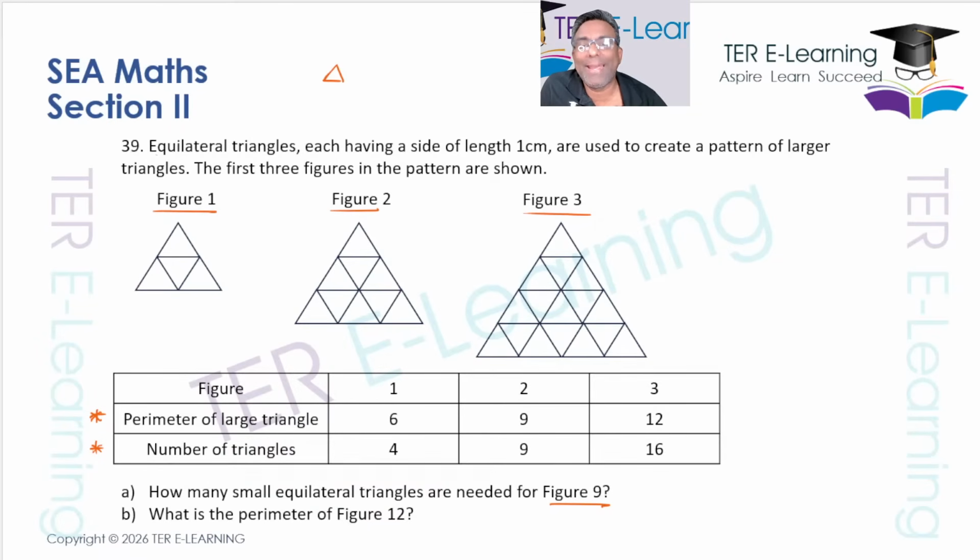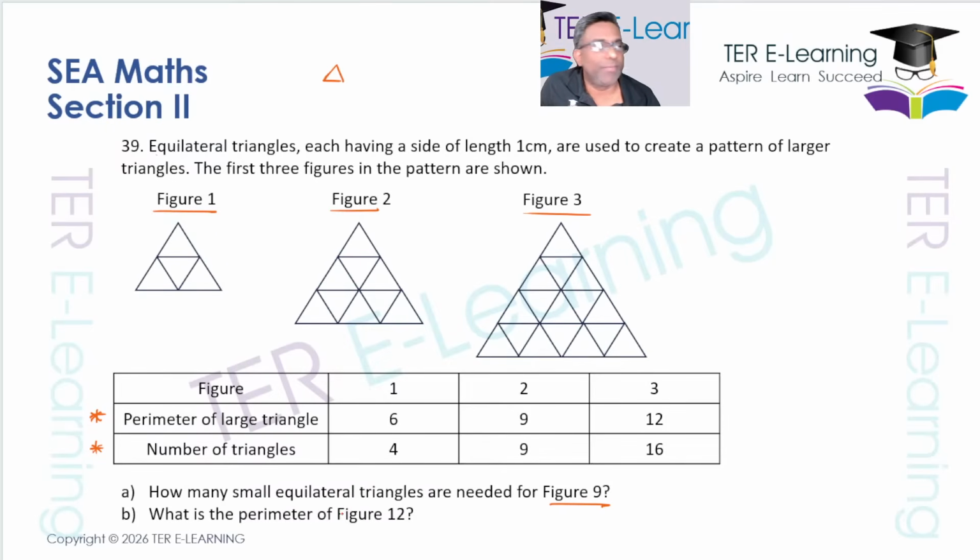How many small equilateral triangles are needed for figure 9? Some people are saying 81, some people are saying 100. Let's see what's happening here.